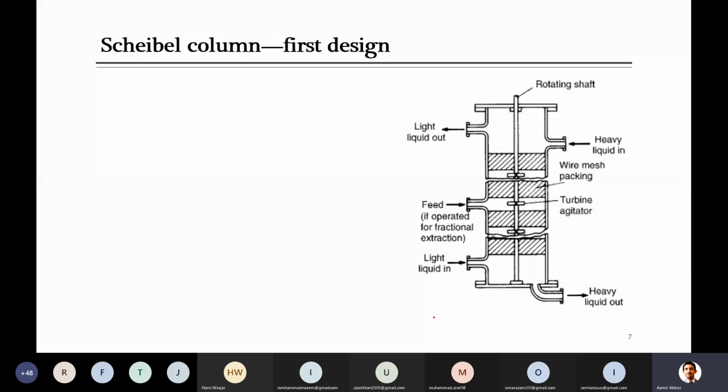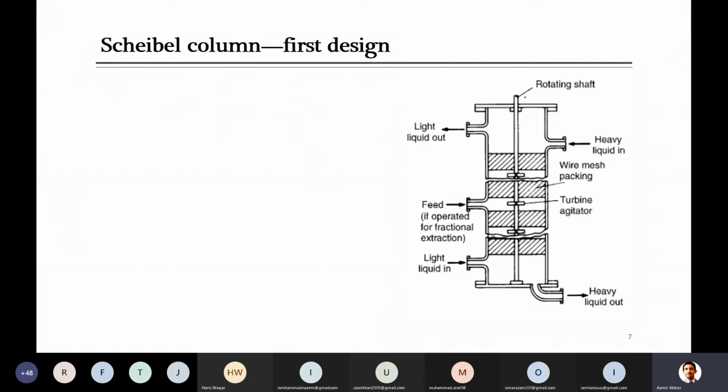This scientist proposed overall three types of designs, and after proposing the first design for this kind of equipment, he later improved the design by looking at some of the problems faced by the previous design. In this first kind of design, he developed a simple column with a rotating shaft.